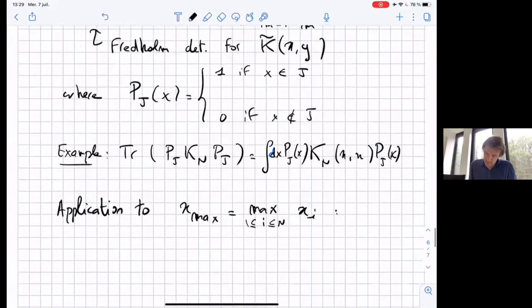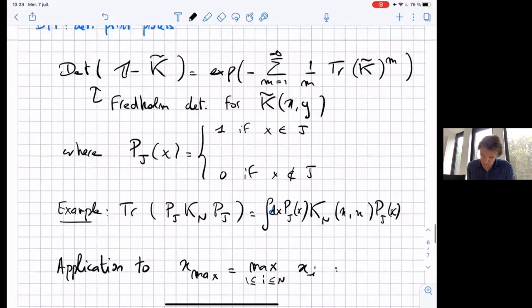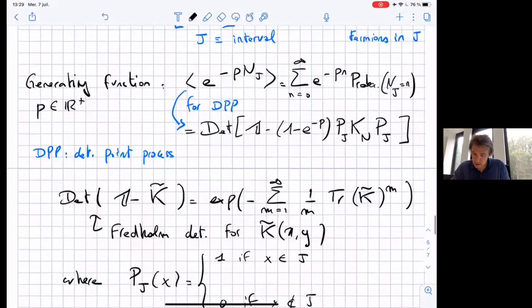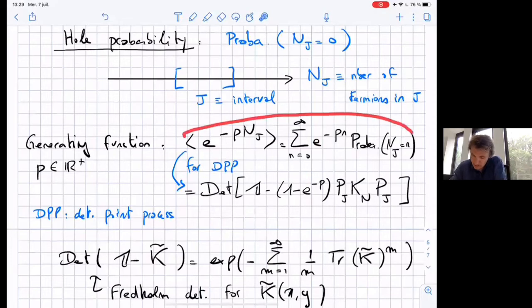Indeed, there is one nice application. The first application that you can see here is that if I really want to compute a hole probability, I just need to take the limit p goes to infinity. If you look at this formula and take p goes to infinity, on the right-hand side the only term that will remain is the term n equals 0, because all the other ones decay very fast, exponentially.